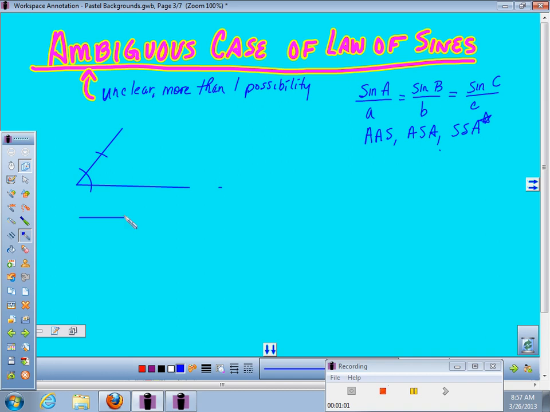If I try to measure from this top point out a 5-inch side, is there any way measuring 5 inches that I'm ever going to get it to hit the bottom? It's never going to hit. That's one of the problems with side-side angle. It might turn out that the 2 sides and the angle they gave you won't form a triangle. You can't make it be a triangle. So sometimes with side-side angle, there isn't a triangle. It doesn't work.